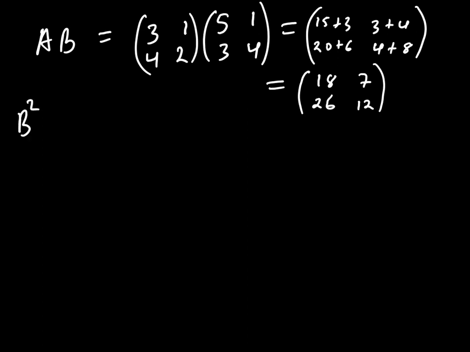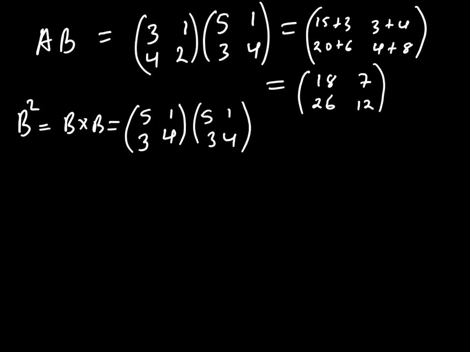B squared is B times B. Get matrix B and multiply by itself. B is 5, 1, 3, 4. So 5, 1, 3, 4 multiplied by 5, 1, 3, 4. Let's multiply. 5 times 5 is 25 plus 1 by 3 is 3.